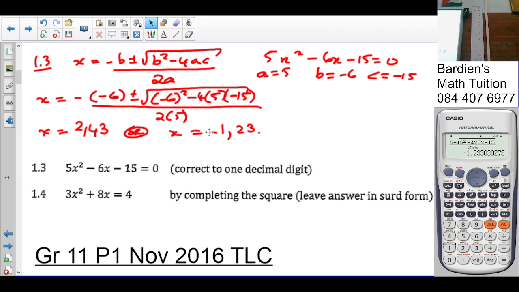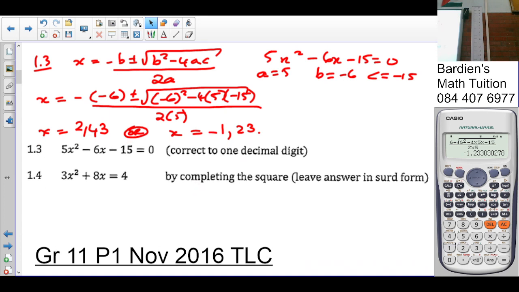Otherwise, if you have the Casio calculator, you can go straight into it. We just say shift, program it, and enter 5 for A, negative 6 for B, negative 15 for C. However, for this question in particular, there are 4 marks. 2 marks are awarded for substituting in the formula.